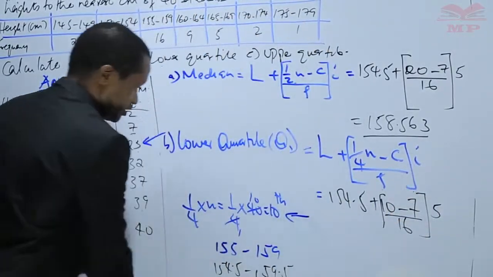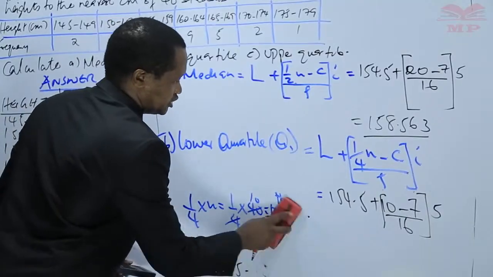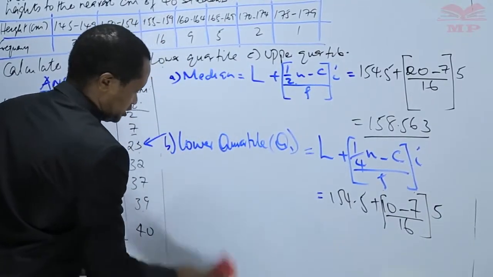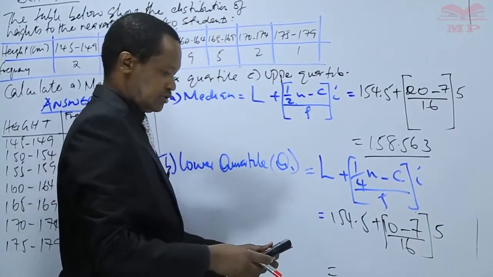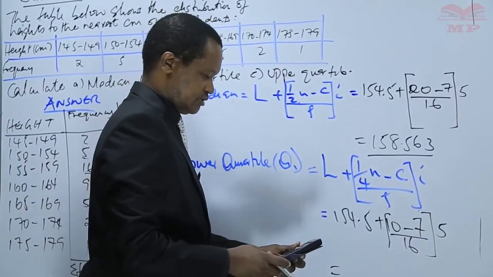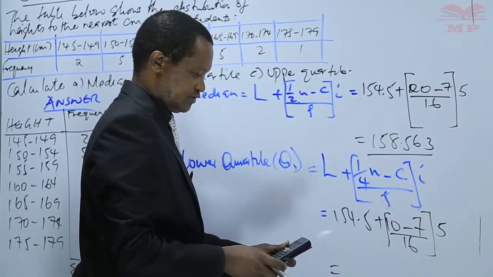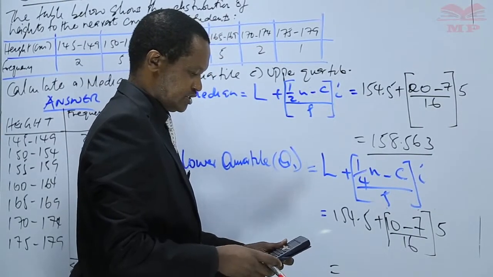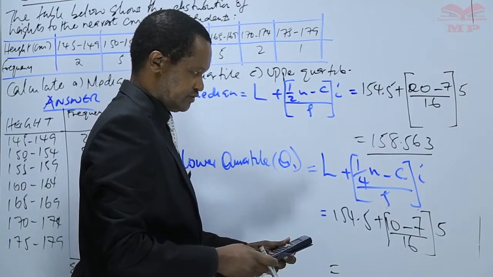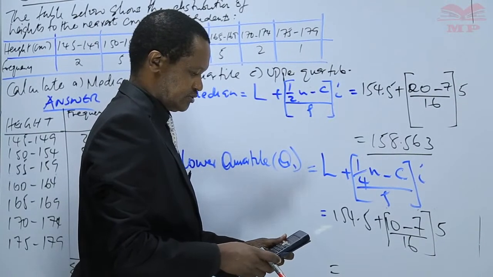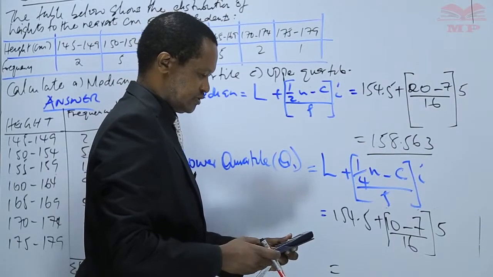So the rest is the work of the machine. The machine will give us the answer here. So we'll have 10 minus 7, divided by 16, times 5, plus 154.5.